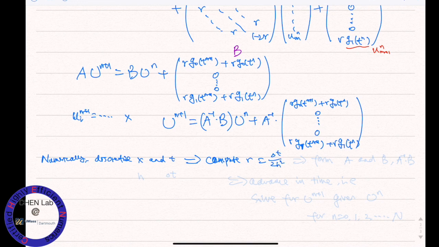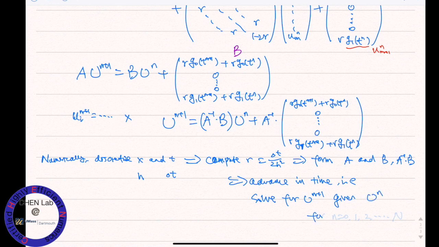Discretize x and t: here we get x, then we get delta t, and then we form A and B and A inverse B. And then we can advance in time, i.e. solve for u^{n+1} given u^n.